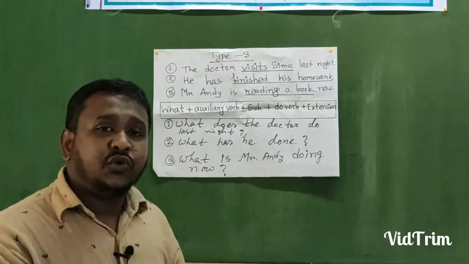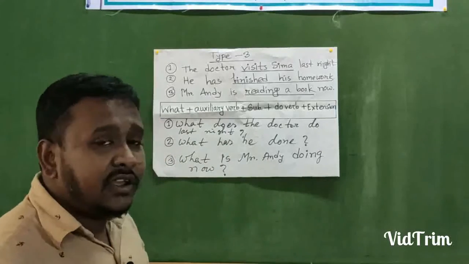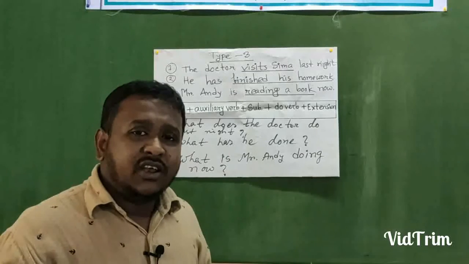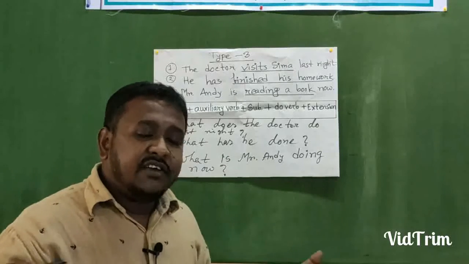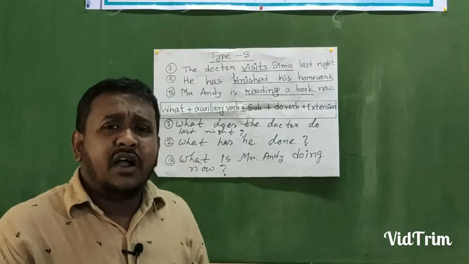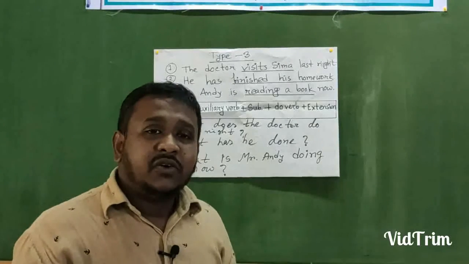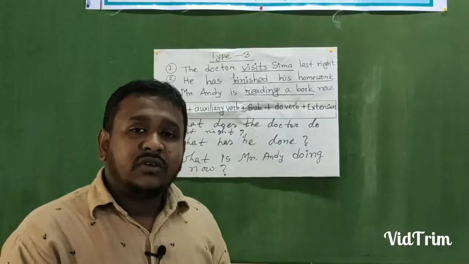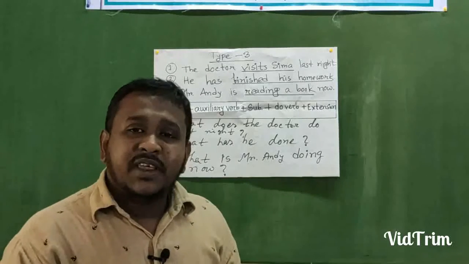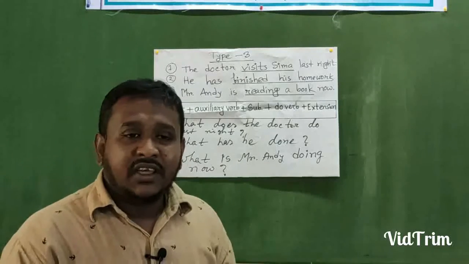If type 2, follow structure number 2. If type 3, follow structure number 3. So it's very easy, not difficult. But in the reference book you will get many rows and you fear that this question is very hard. No, never. If you follow this structure and practice more and more in your book, then you will see that this question is very easy and you will get 10 out of 10.